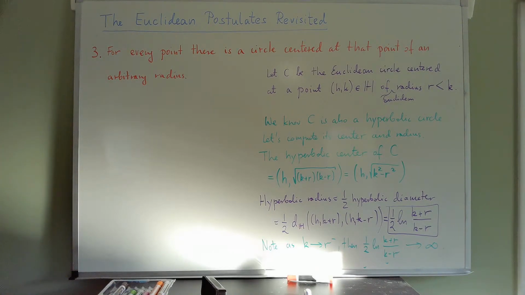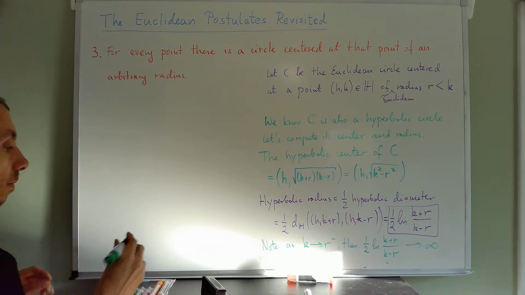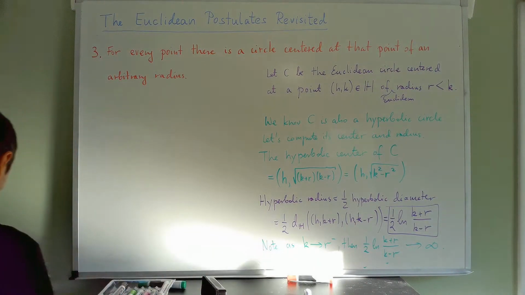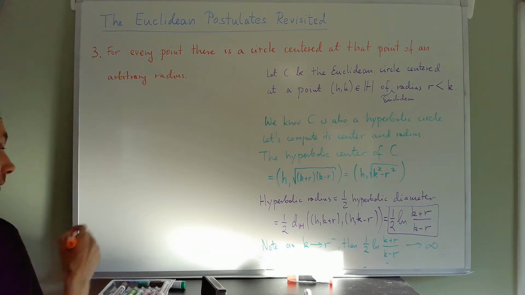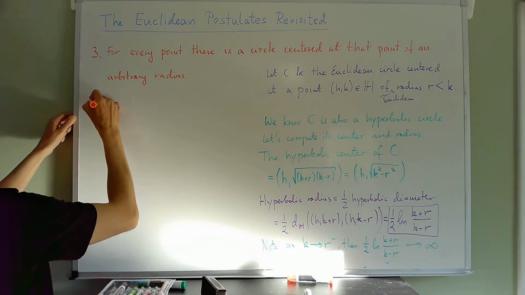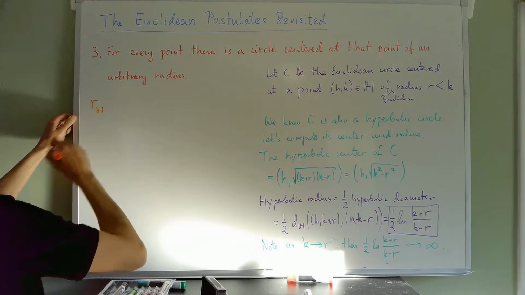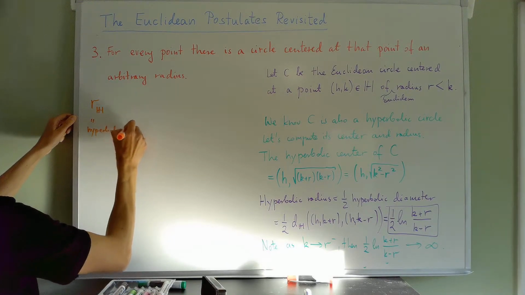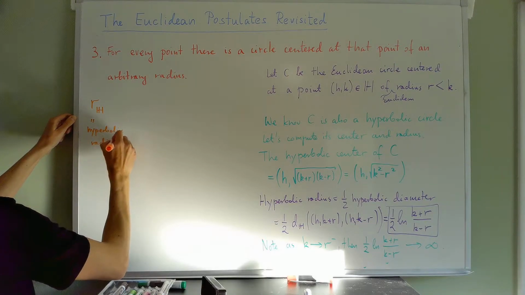Let's put it this way. Where do we have the expression for the radius? The hyperbolic radius, let's call it R_H.